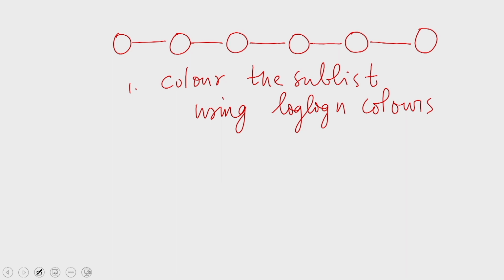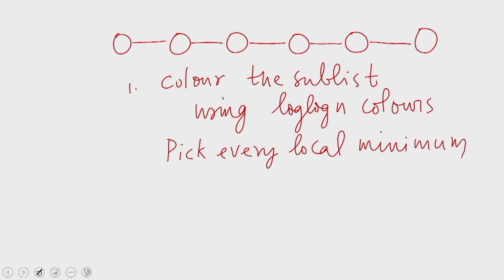Once the list is colored in this fashion, every local minimum is picked out. For example, if this list is colored in this fashion, the local minima of this list are these.